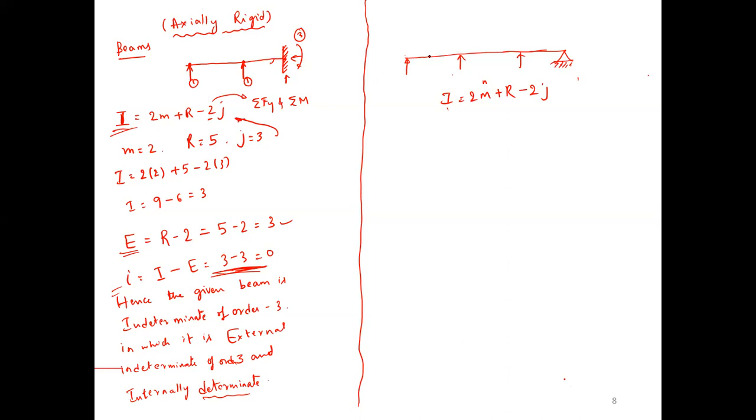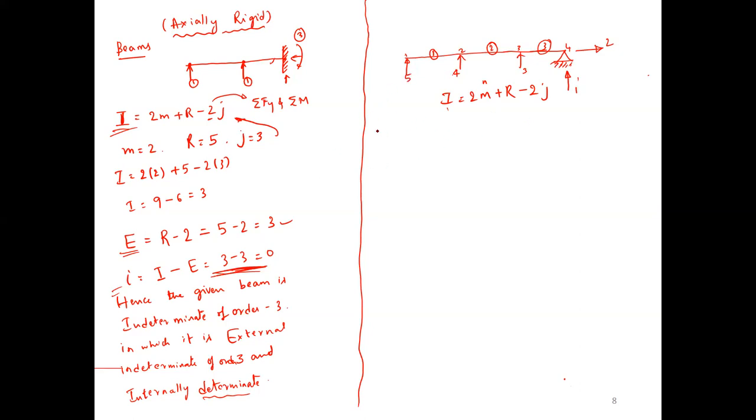So total how many members? 3 members. How many joints? 1, 2, 3, 4 joints. How many external support reactions? 5. 1, 2, 3, 4, 5.